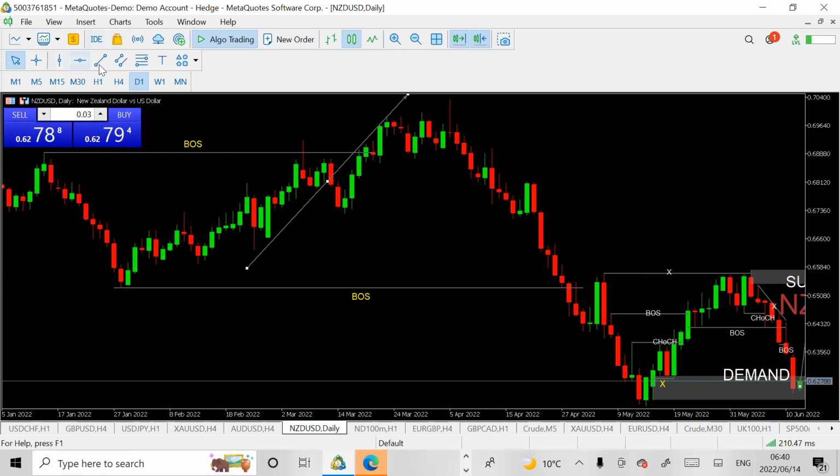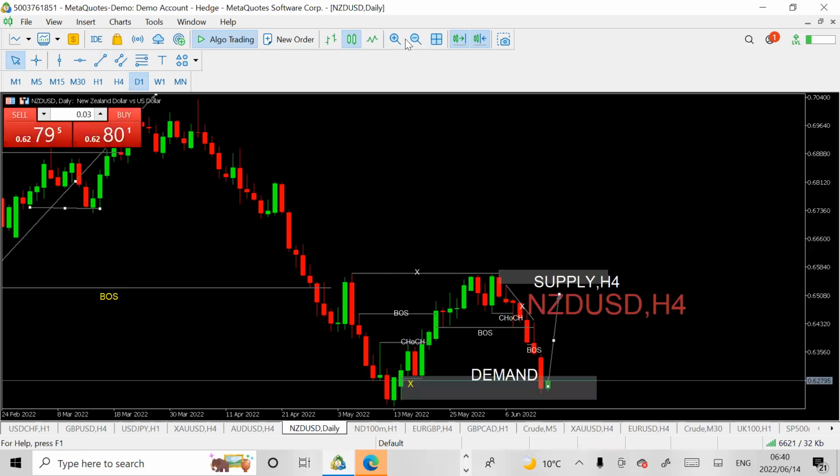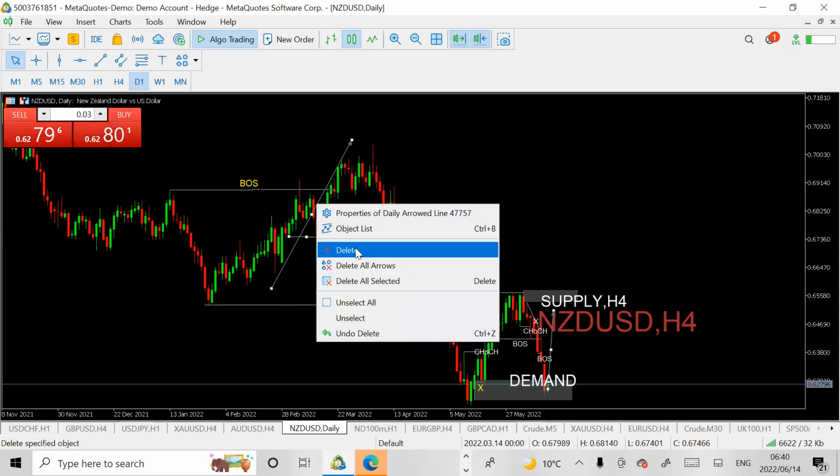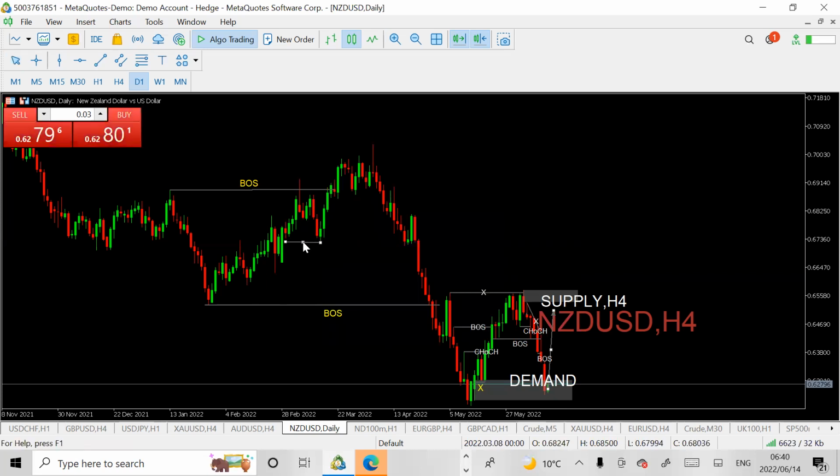You see this low? Let me mark it so that we can map it nicely on daily. This was the previous low on daily. It came and took out the previous low, so the change of character was supposed to be this one. It's not this; these are called flips.